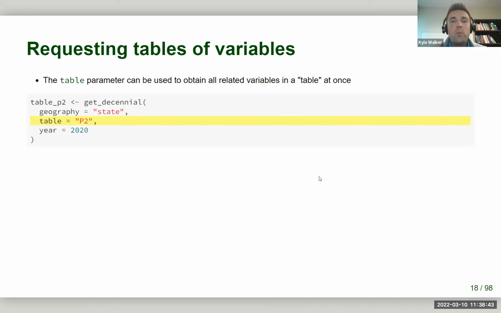So what we have done first and foremost is we've requested a single variable from the census using get_decennial. If you want a bunch of variables, you can use the table argument instead.